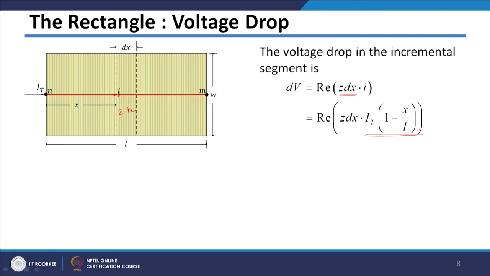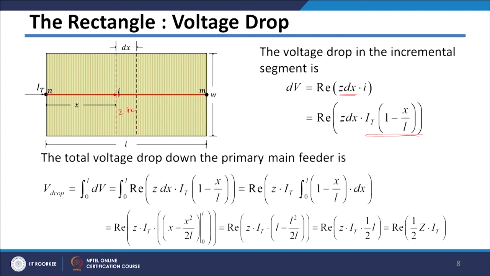So, we need to integrate this dV from 0 to L so that we can get the total voltage drop. The total voltage drop down the primary main feeder from point N to point M, that is from 0 to L, will be the integration of dV from 0 to L, and dV we already derived here.